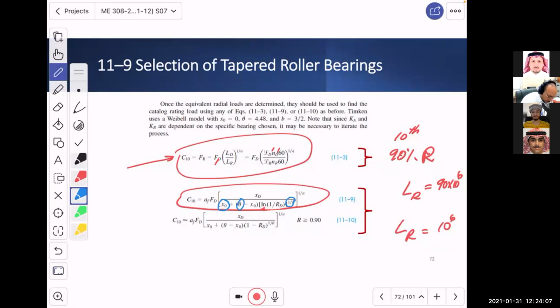Interestingly, as you see over here, x0 is equal to 0. That's very nice. It will shrink down the size of the equation. Theta is equal to 4.48 and b equals 3/2. Don't forget that a in here for a cylindrical bearing is 10/3. Yes, it is 10/3. Good.